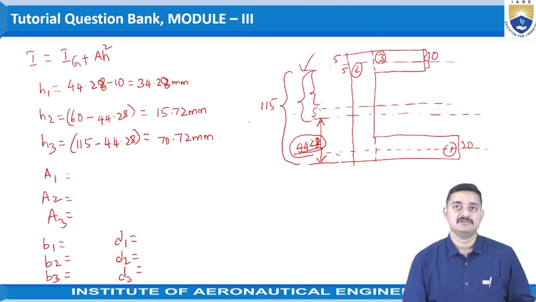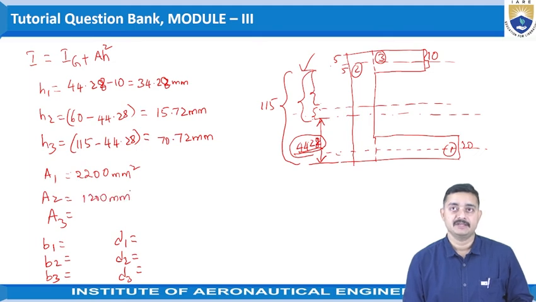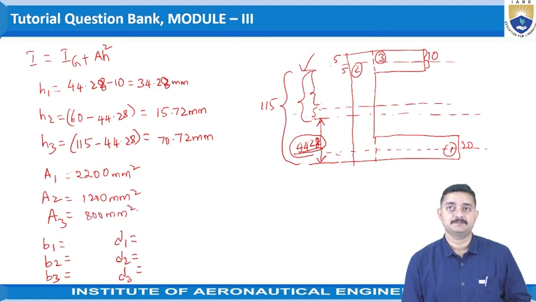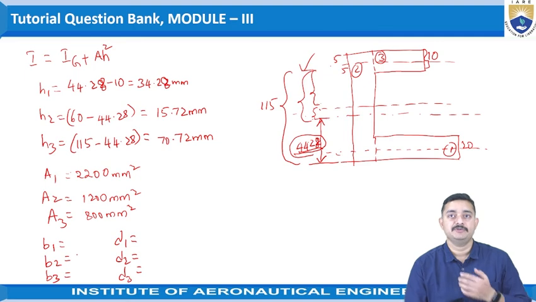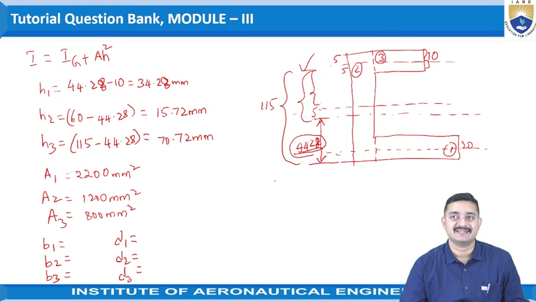Now coming to the areas of these three parts, we have already calculated that A1 is 2200 millimeter square, A2 is 1200 millimeter square, and A3 is 800 millimeter square. Now coming to B1, B2, B3 and D1, D2, D3. The moment of inertia of a rectangular lamina is given as BD cube by 12.